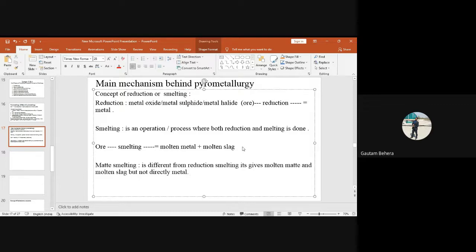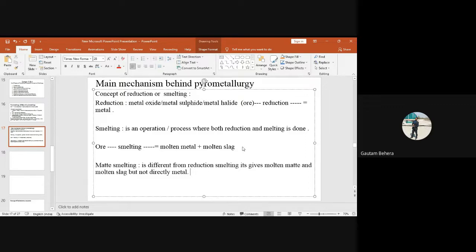So this kind of process, matte smelting, is carried out for certain kinds of sulfide ores, like copper ore. The main ore of copper is chalcopyrite, CuFeS2, right? If you remember, this chalcopyrite is a complex ore which contains iron sulfide and copper sulfide. So to remove this iron sulfide, we have to go for matte smelting.